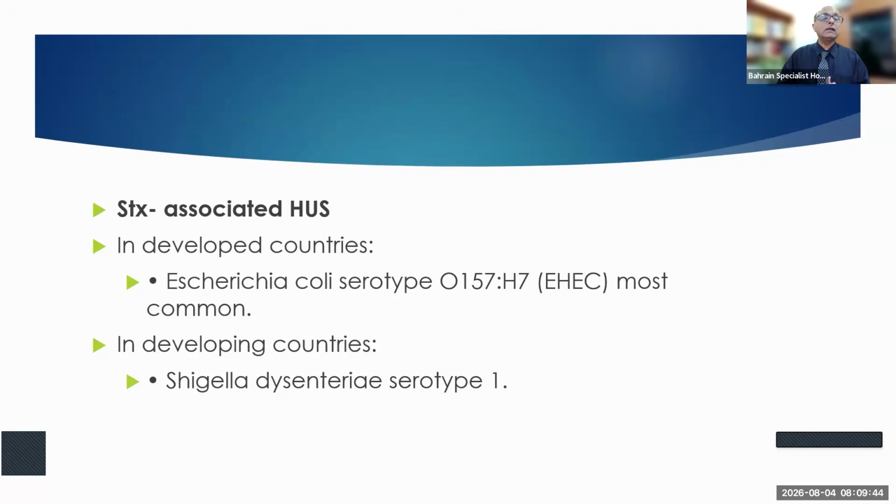STEC-associated HUS, Shiga toxin producing E. coli associated HUS: in developed countries, E. coli serotype O157:H7 is the most common. But Shigella dysenteriae is also there, and Salmonella has also been involved.